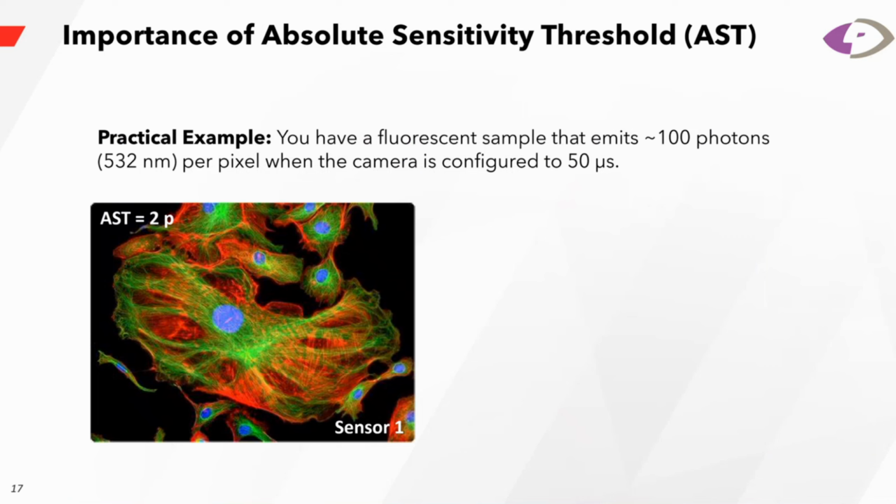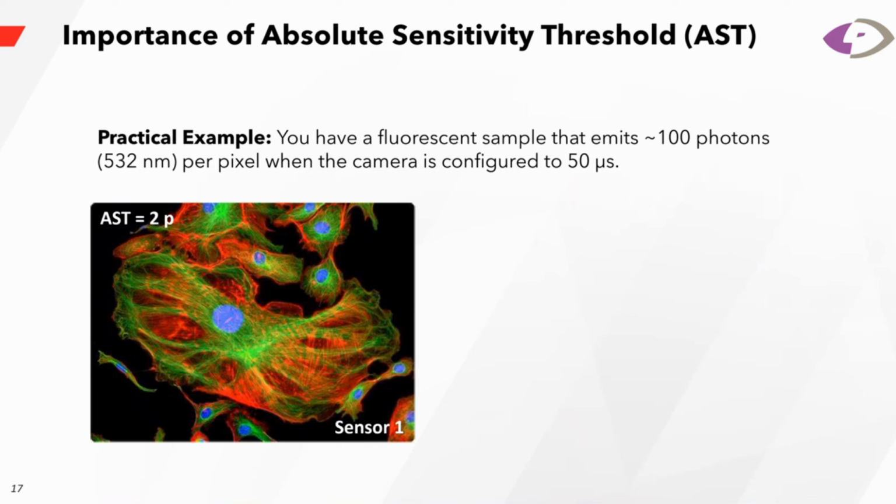So here we have an example for AST, the absolute sensitivity threshold, and we have a fluorescence sample. That fluorescence sample emits 100 photons. Now, if we have an AST, absolute sensitivity threshold, of 2, then we can see all of our signal is well above the noise level.